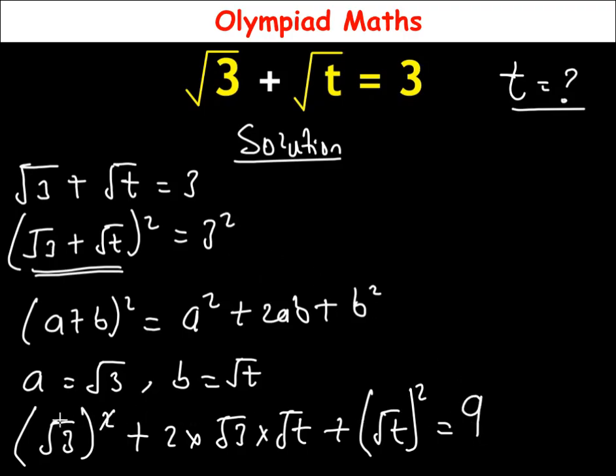From here, square cancels square root, we have 3 plus 2 times root 3 times root t, which is root 3t, plus, square cancels square root, we have t is equal to 9.